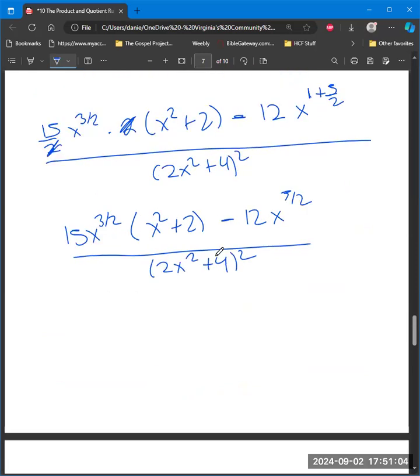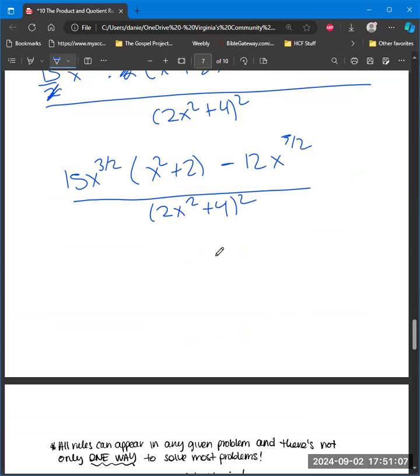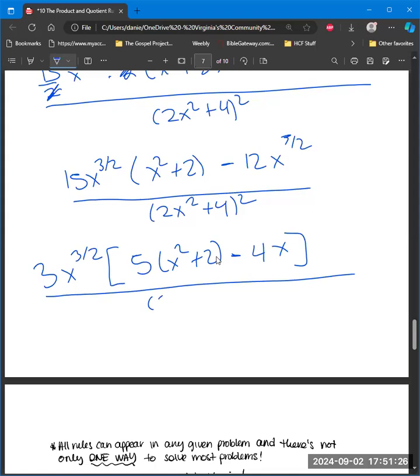Now I want to do some fancy factoring. And I see my greatest common factor here is a 3x to the 3 halves. It's going to leave me with a 5 times x squared plus 2 minus 4 x to the 2 halves, which is x, over 2x squared plus 4 quantity squared. It's 3x to the 3 halves times 5x squared plus 10 minus 4x.